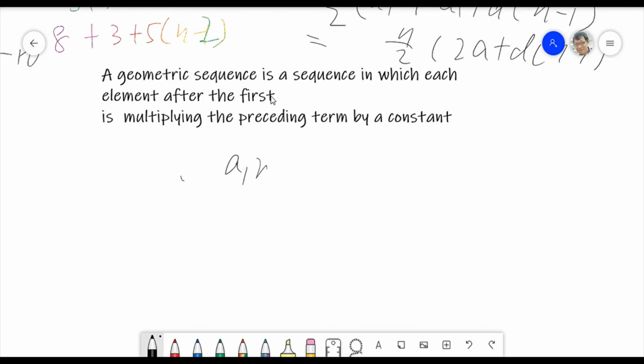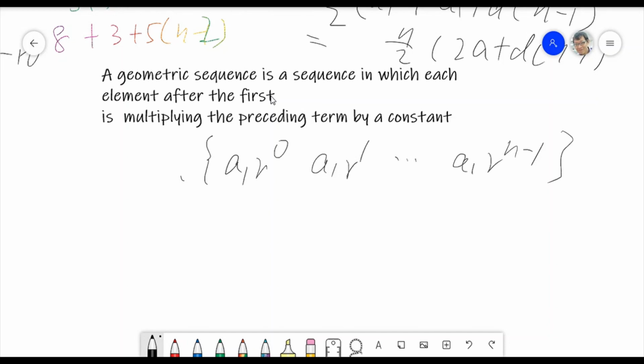So the first element is a1 r to the 0, right? The second is a1 r to the 1, right? And then an will be a1 r to the n minus 1, right? This is an, right? So this is the set.